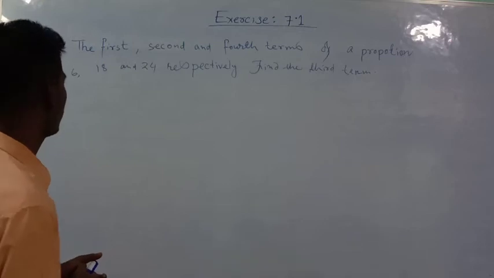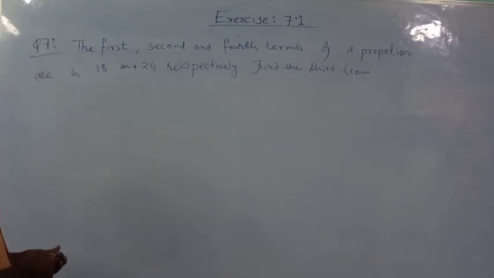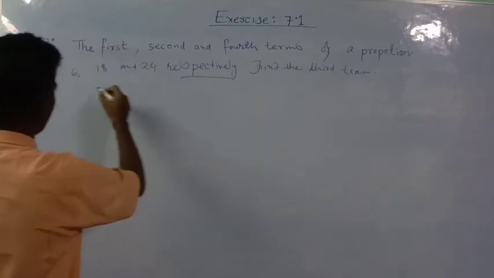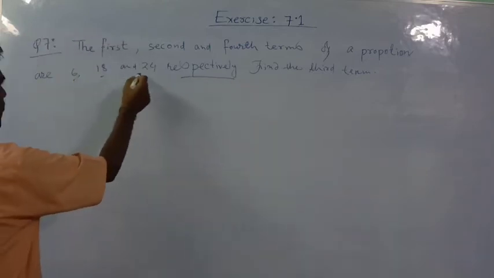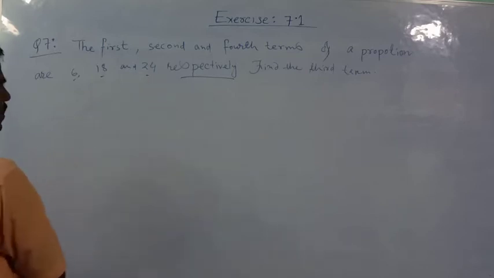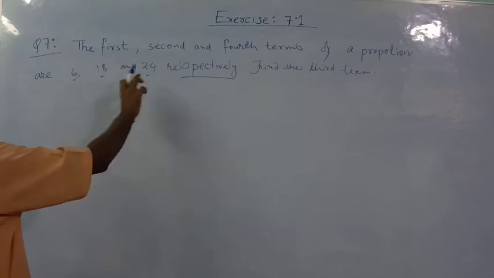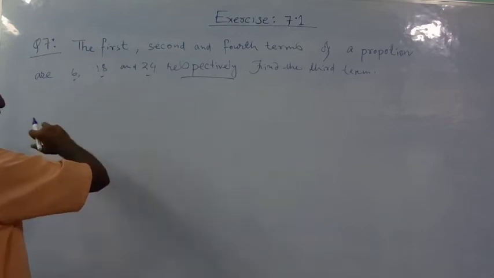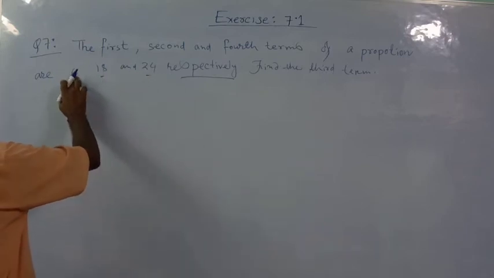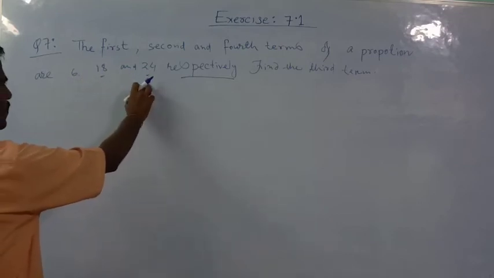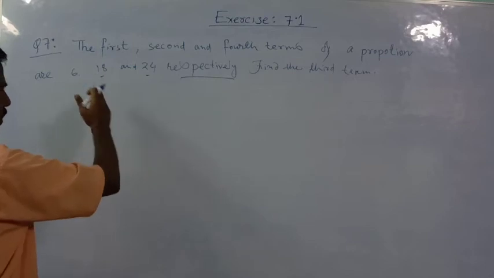Now see, we've got the first term, second term and fourth term. Since the word respectively is mentioned, this is the first term, this is the second term and this is the fourth term. We cannot write any one for first, any one for second. The first one will be the first term, the second one the second term, and the third one the fourth term, in respective order.